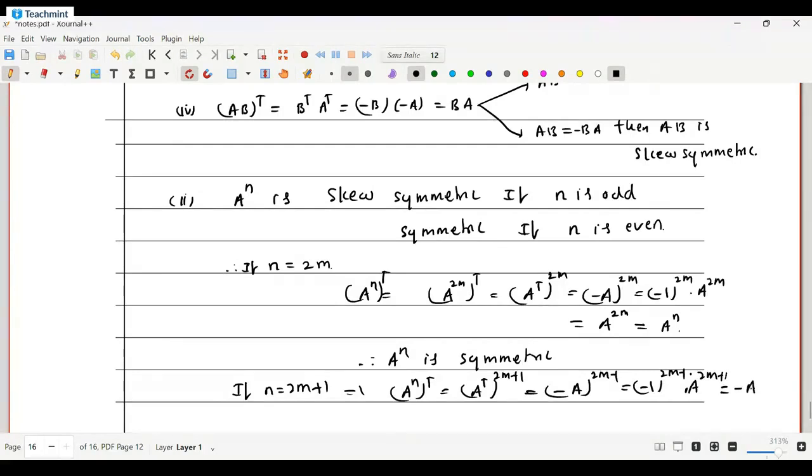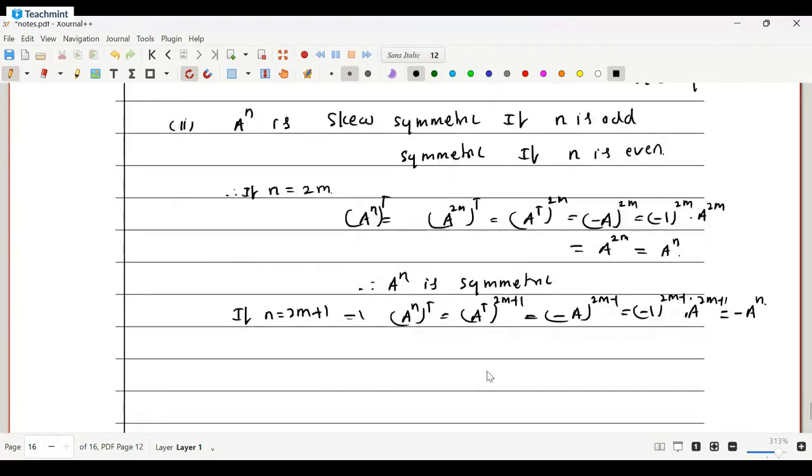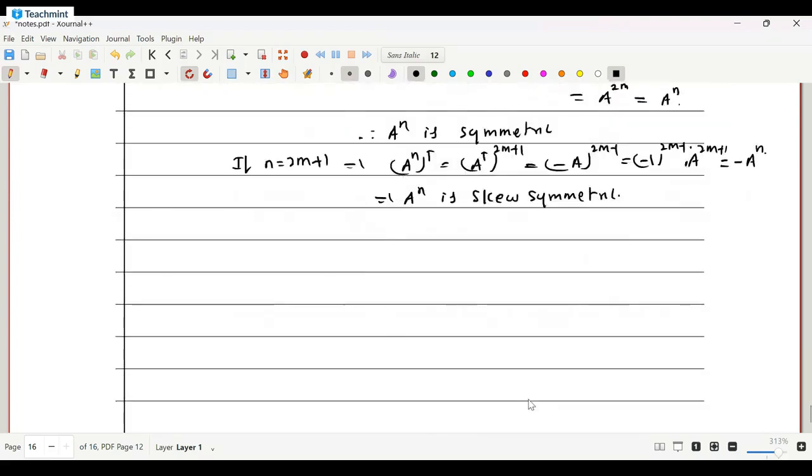So minus of A power 2m plus 1 is minus A power n. Therefore A power n whole transpose equal to minus A power n, which implies that A power n is skew symmetric whenever n is odd number. Next one.